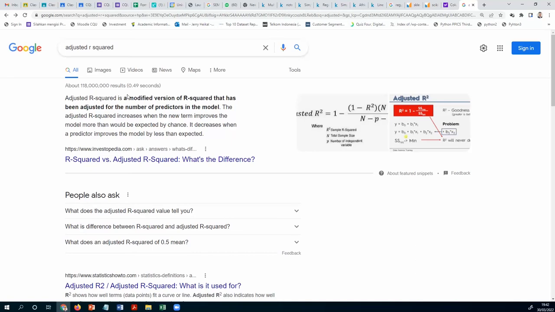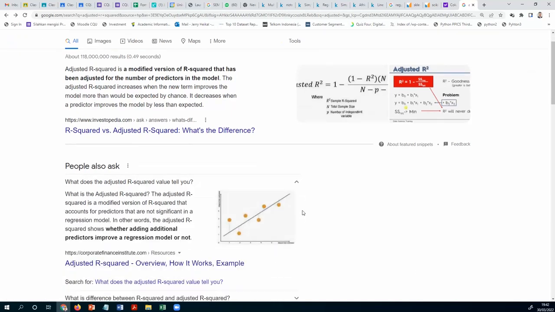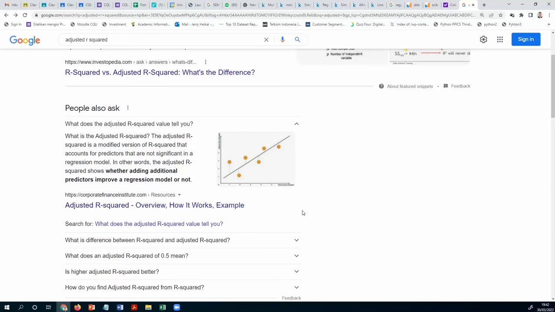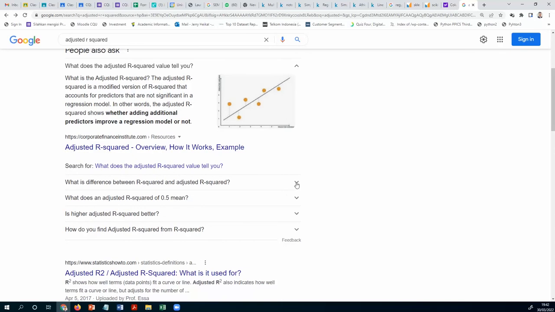What does the R square tell you in here? It tells you whether adding additional predictors improves a regression model or not. What is the difference?